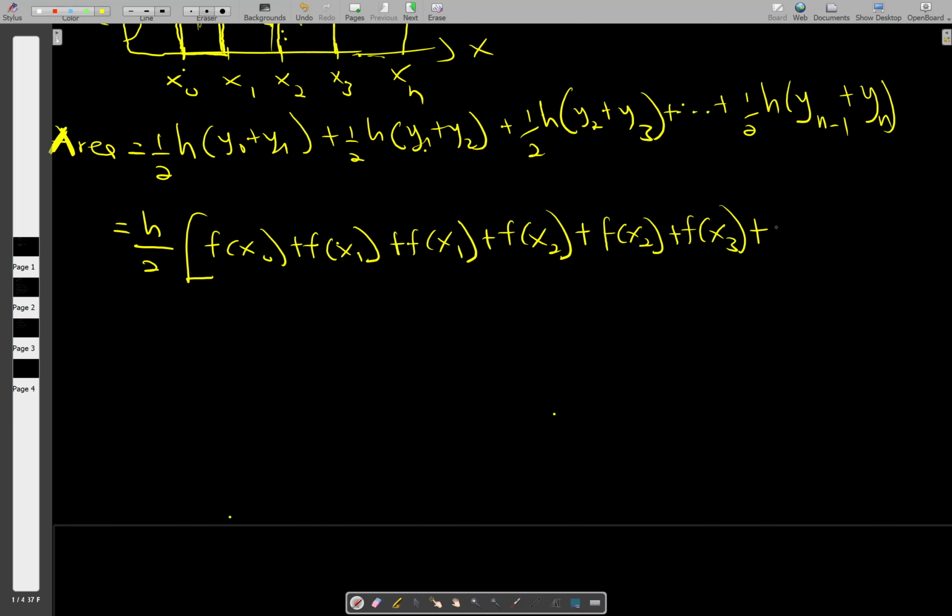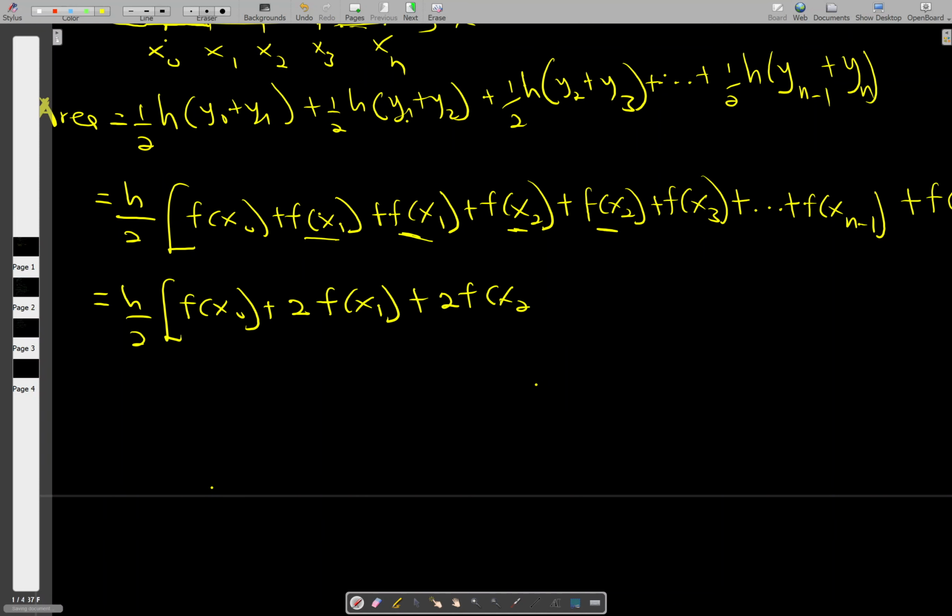Now let's simplify this. So we have h on 2, so f of x0, but we have f of x1 plus another f of x1, so that will be 2 times f of x1. We have f of x2 plus another f of x2, so that will be 2 times f of x2.